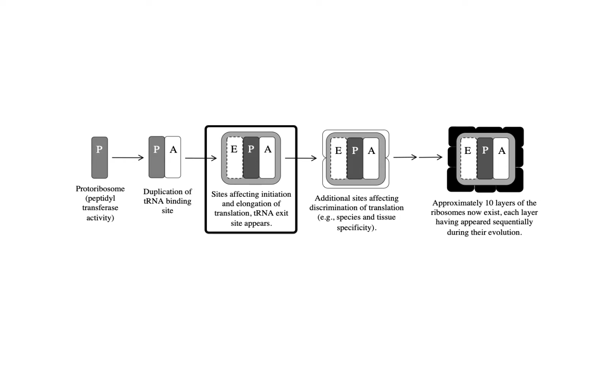The E site is somewhat different, so it doesn't look like it was a duplication of the P or A site, but it's fairly close. So it may be a more divergent version of a tRNA binding site.